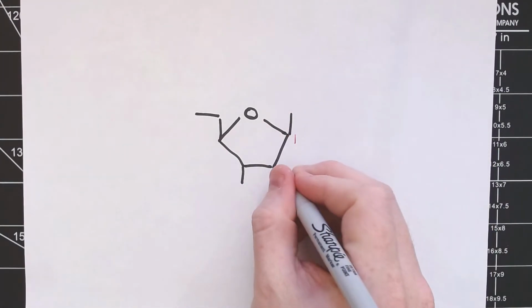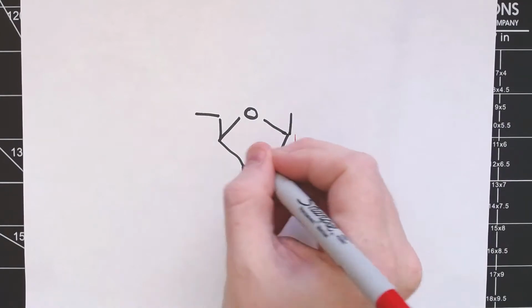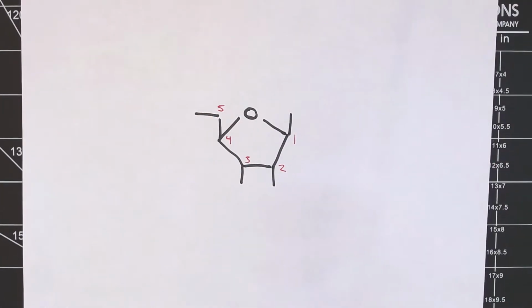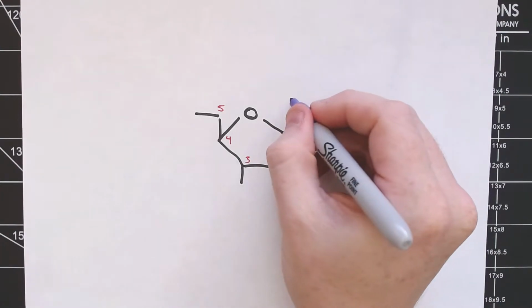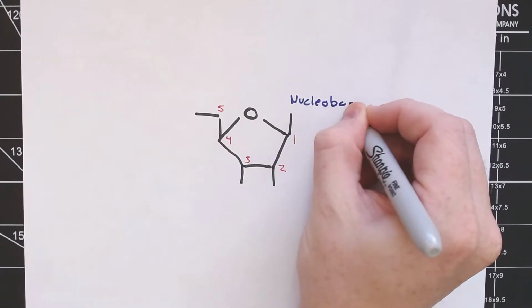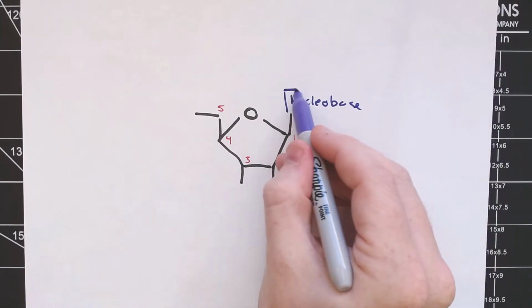There's the 1, 2, 3, 4, and 5 prime positions of our sugar. And this numbering is very useful because to make a nucleotide, what we need to do is attach a nucleobase to the 1 prime position.